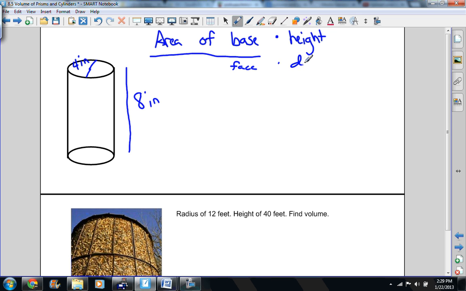It depends which way the shape is looking. If it's tilted up like a silo, that has to be done that way. If it's tilted back toward the front, then it can be done differently. Okay? So the area of the base is going to be pi times r squared. Our shape up here has an r of 2, so that means this is going to be 4 times pi, because it's 2 squared times pi, times our height, which is 8.